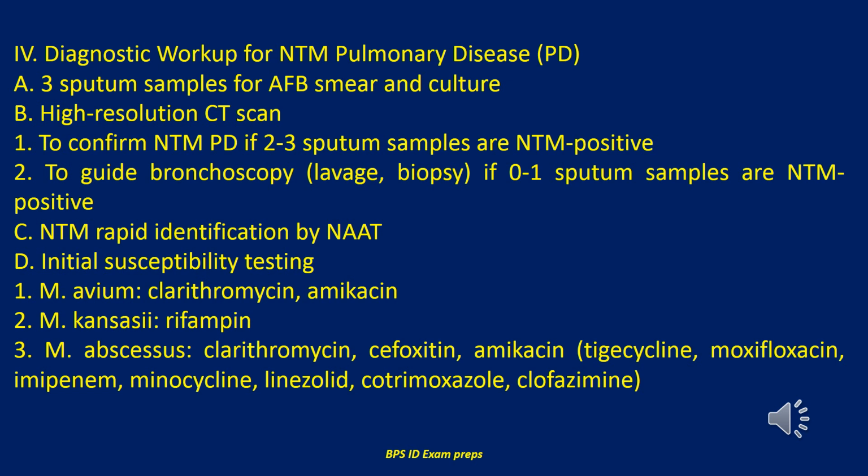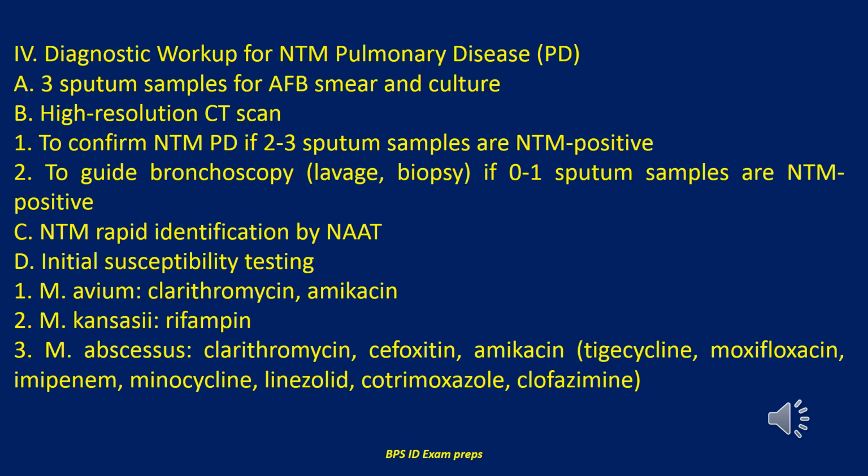Let's now discuss the diagnostic workup for NTM pulmonary disease. Three sputum samples for AFB smear and culture are needed. High-resolution CT scan is used to confirm NTM-PD if 2 to 3 sputum samples are NTM positive, and to guide bronchoscopy, lavage, and biopsy if 0 to 1 sputum samples are NTM positive.